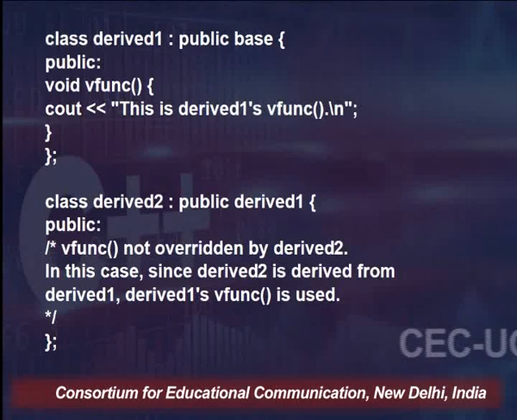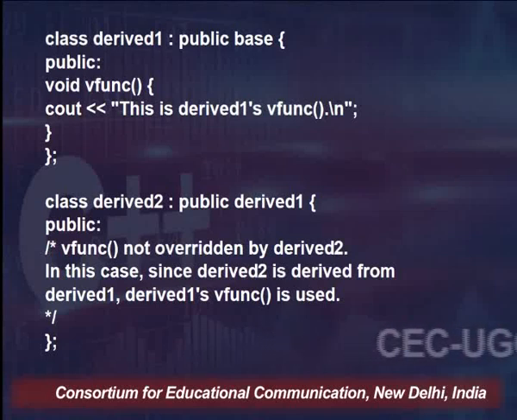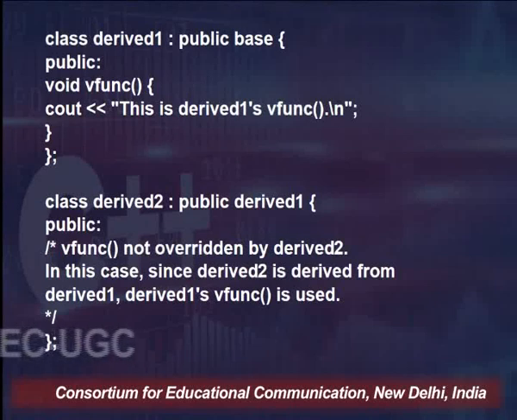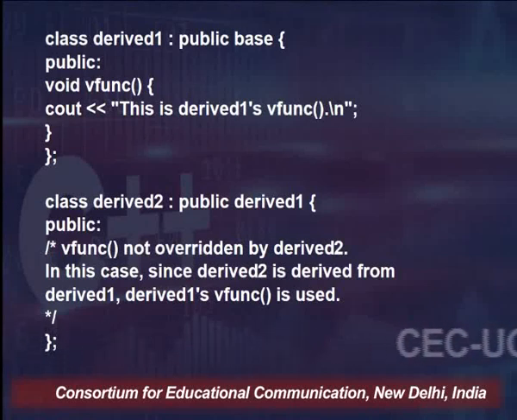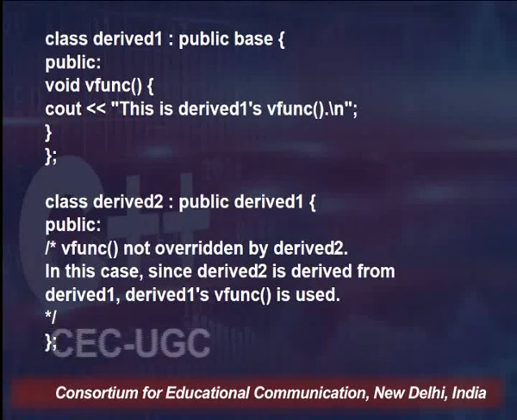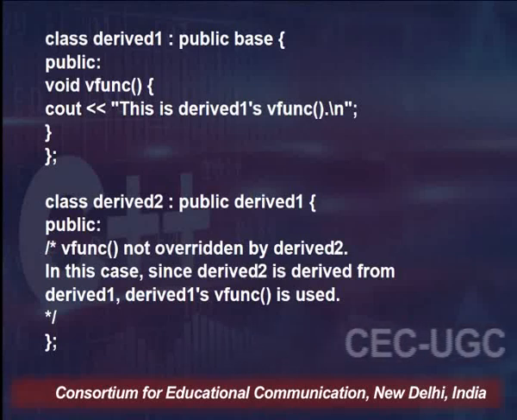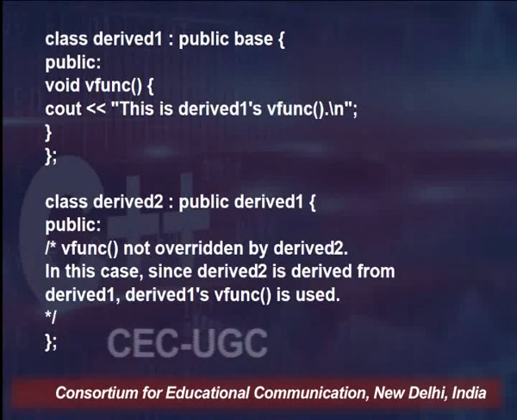We have class derived 1 which inherits the base class in public mode, and in the public section it gives its own definition of vfunc, which says this is derived 1's vfunc. This definition is also similar to the definition of derived 1 in the previous program.